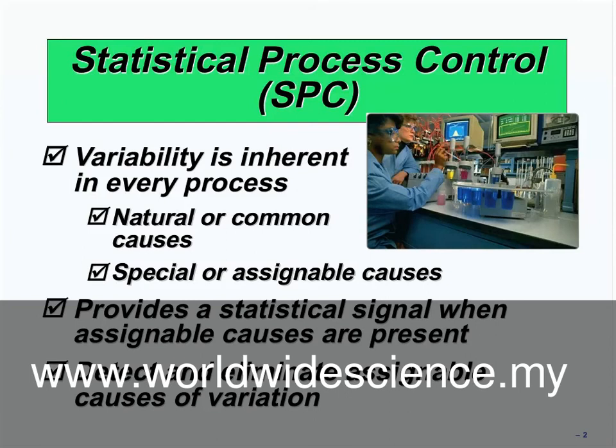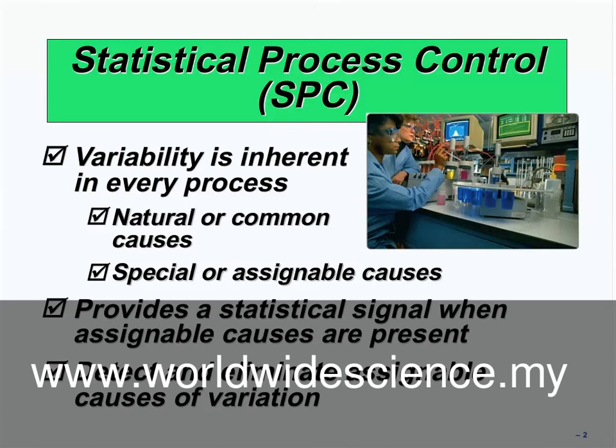Statistical process control. In the first slide, as you see, variability is inherent in every process: natural, common, special, or assignable causes. As I told you, when the machines are producing, for example, 500 laptops, 500 jeans, dresses, and every product that you can name, all of the products are not similar to each other.